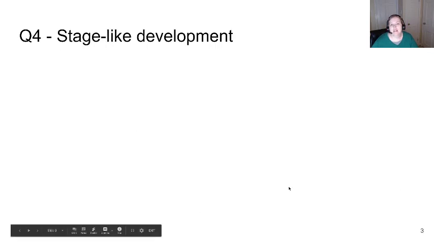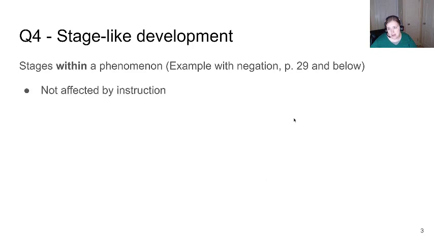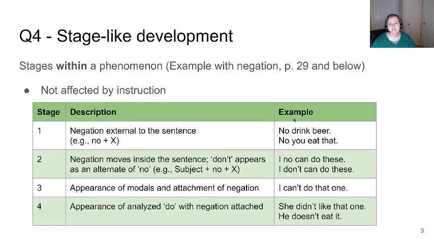Okay? So stage-like development is our first type of development. It would be described as stages within a phenomenon. The example of negation shows up on page 29, which we'll also see right here. Okay. As to whether they're affected by instruction, again, we could talk more about it in the instruction section, but the claim is that these are not affected by instruction. Okay. So what that means is here we see 4 stages of negation, and we'll read through and see what they are in a second.